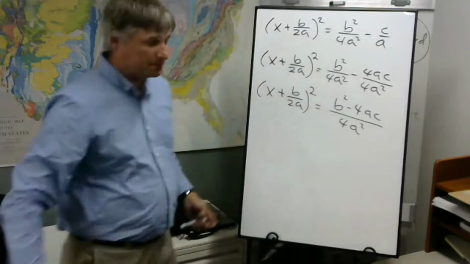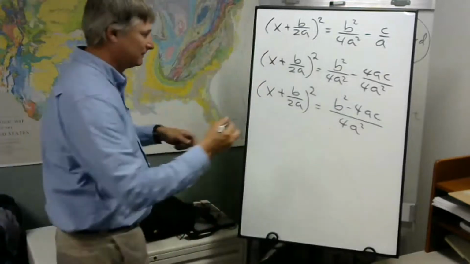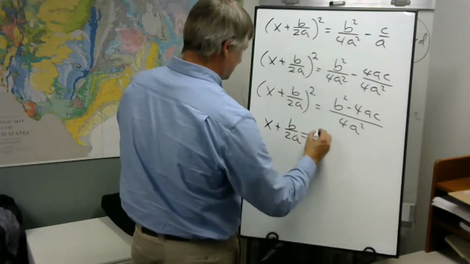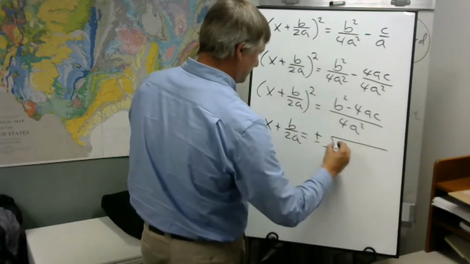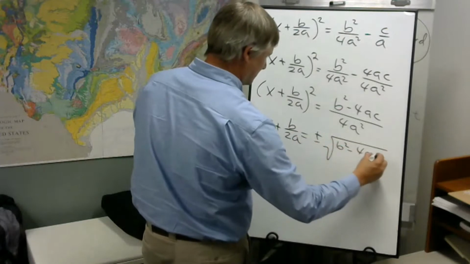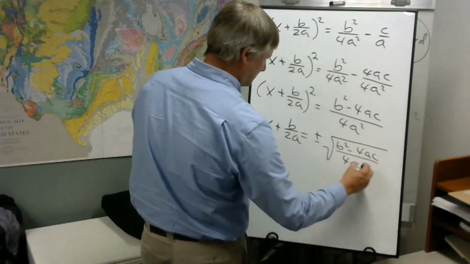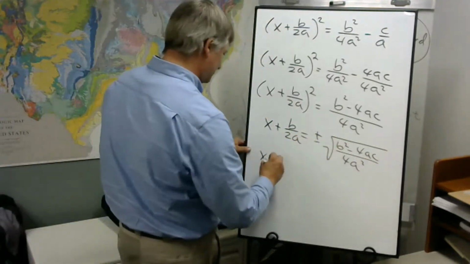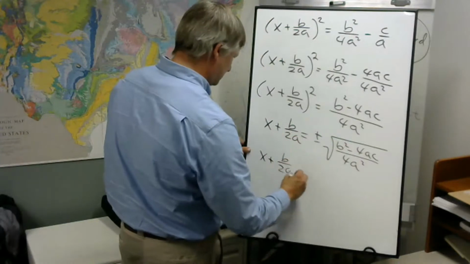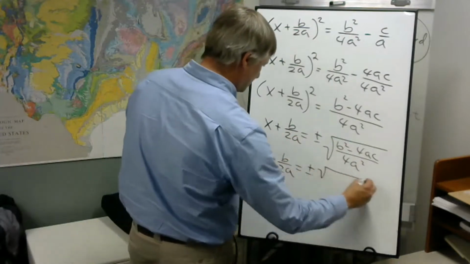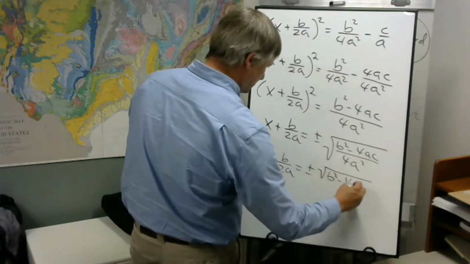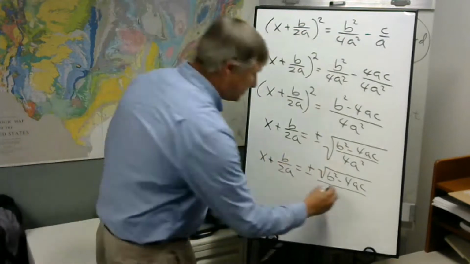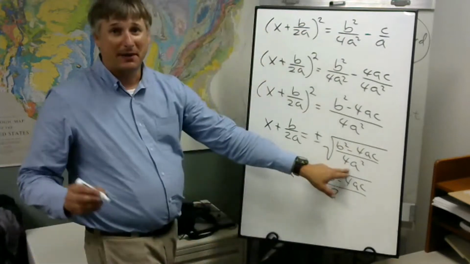Now we do the square root. Square root both sides. And then we square root the top and the bottom. And then the square root of 4a squared, well, square root of 4 is 2. Square root of a squared is a.